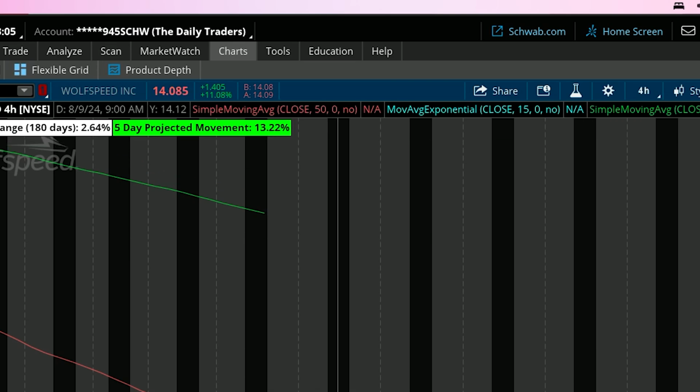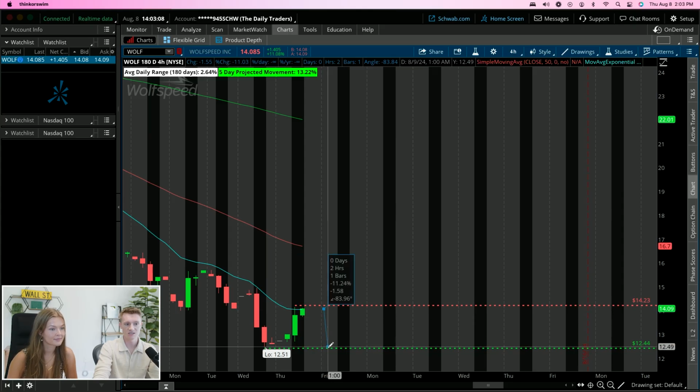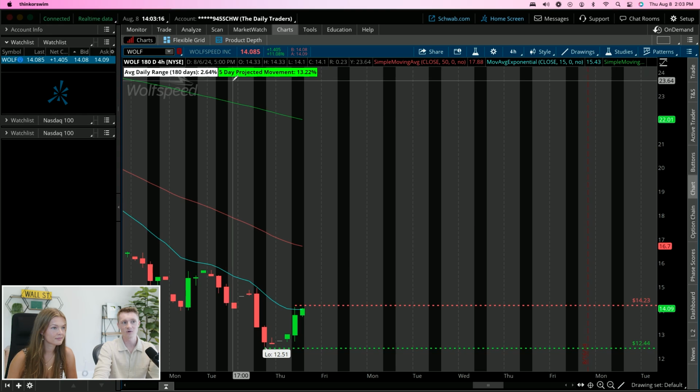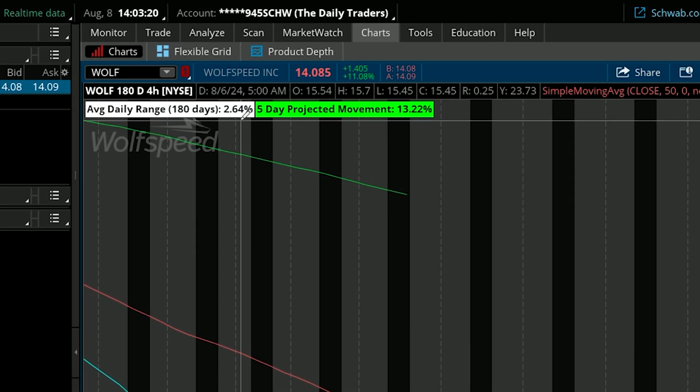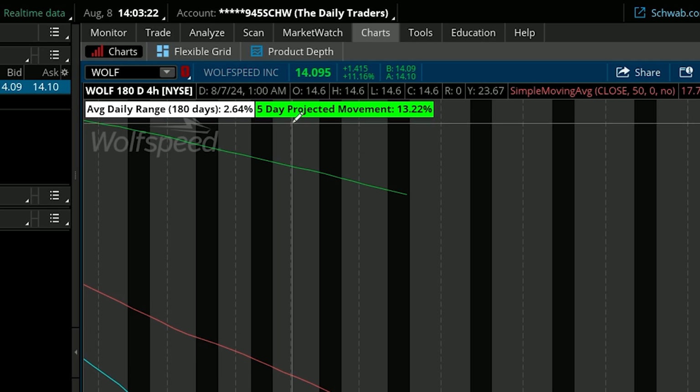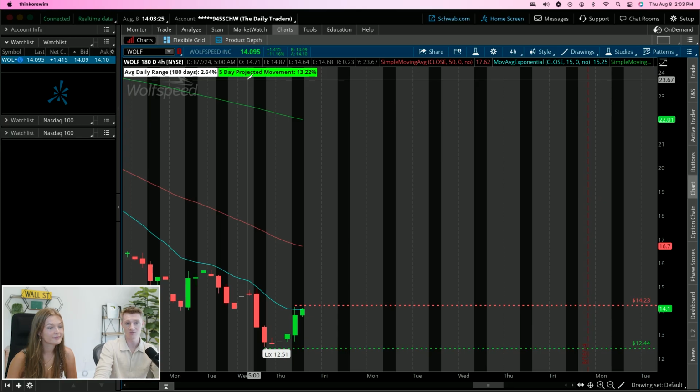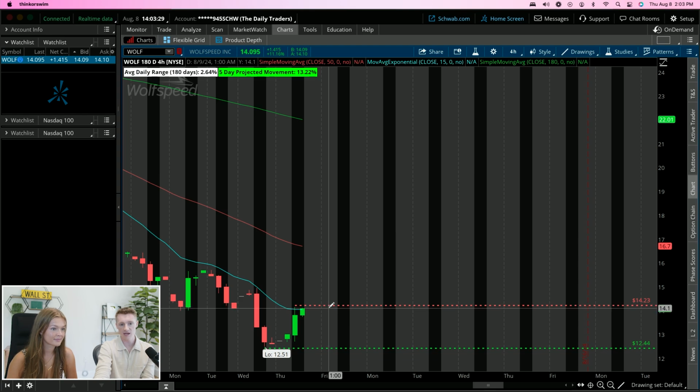If this was 16% instead of 11, we probably wouldn't hit this take profit in the next 5 days. But based off of the average daily movement over the last 180 days being 2.64, the 5-day projected move over the next 5 days makes this a very realistic move to happen. 11% down to that target is less than 13%.